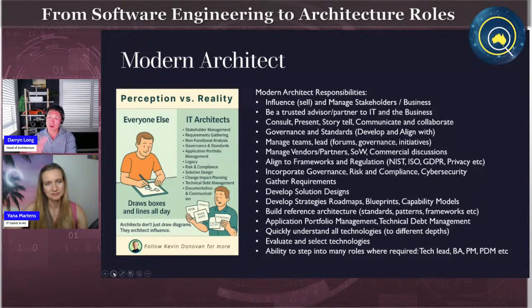But there's an element of this in most architecture roles anyway, and an enterprise architect is probably more business facing, versus a technology or infrastructure architect who is very down in the infrastructure and designing solutions around that space. But there's a real big part of managing stakeholders and influencing and essentially selling, right? You're selling your solution to the business, saying, hey, invest this money into building this solution or implementing this strategy. So that's really, really important.